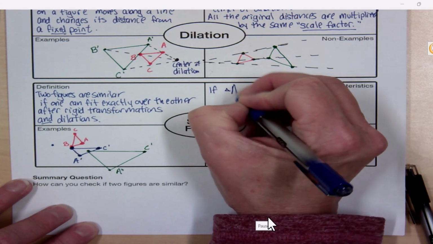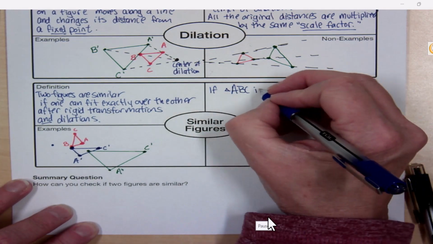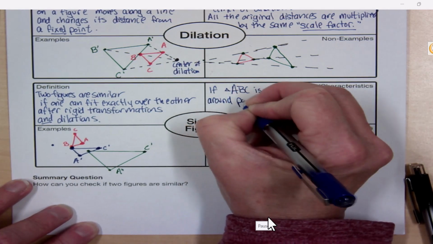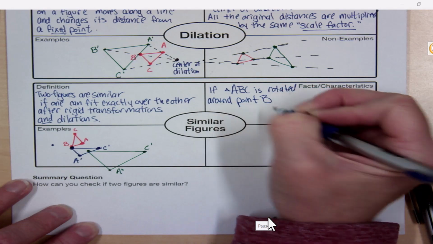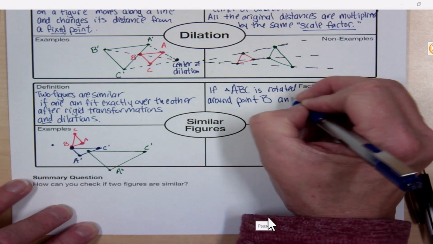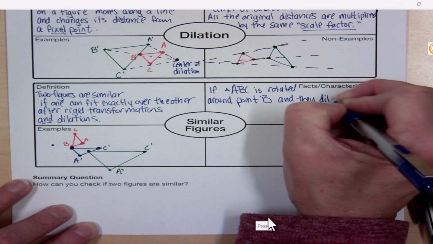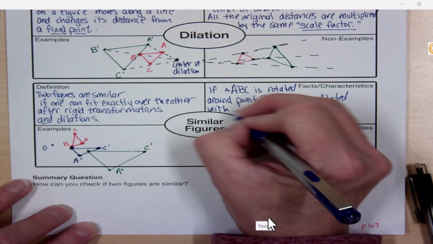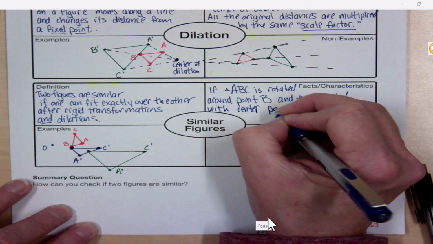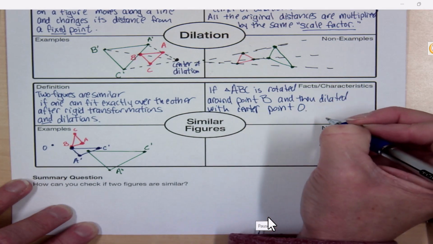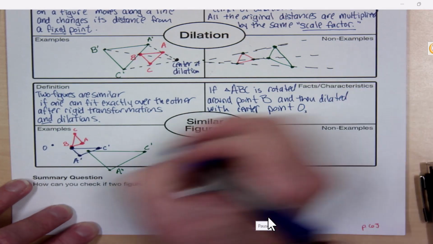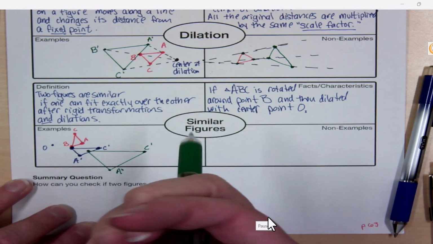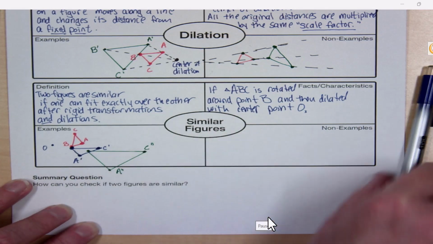If triangle ABC is rotated around point B, and then dilated, with center point, we'll call this O. Then it will fit exactly over triangle D, A prime, B prime, C prime, or A double prime, C double prime, B double prime. Forgot to mark the double prime.